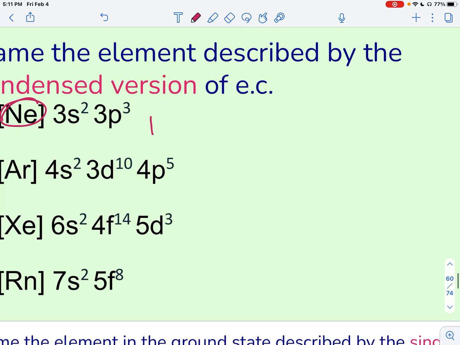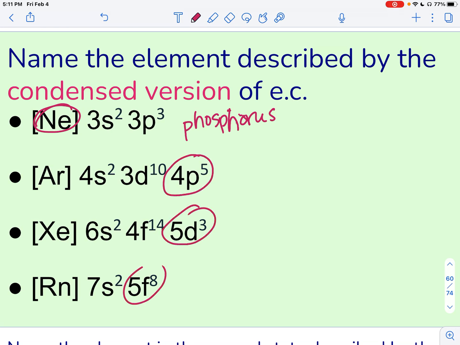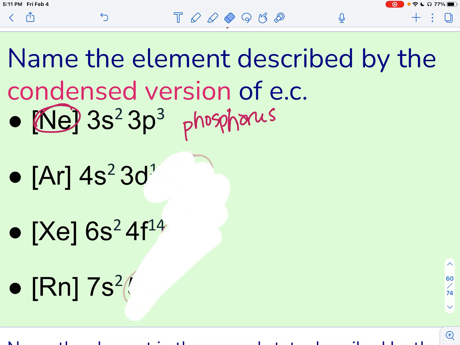So we would know that's phosphorus. You can also just look at the last subshell and figure it out that way, okay? And that's actually what we're going to do on the next slide.